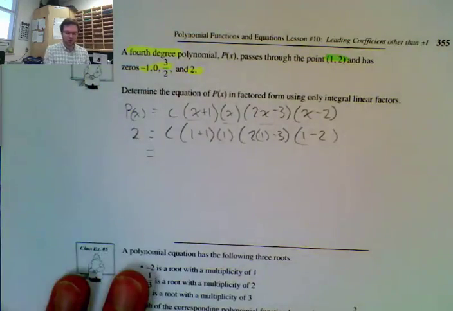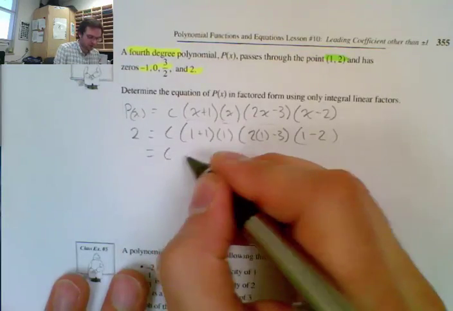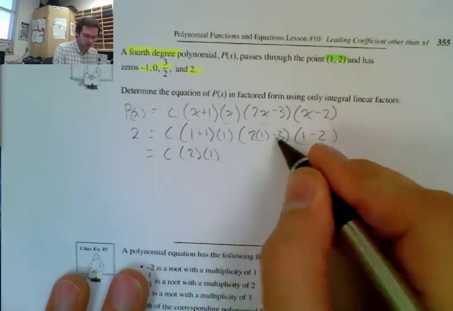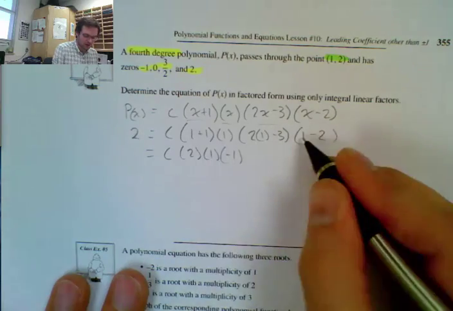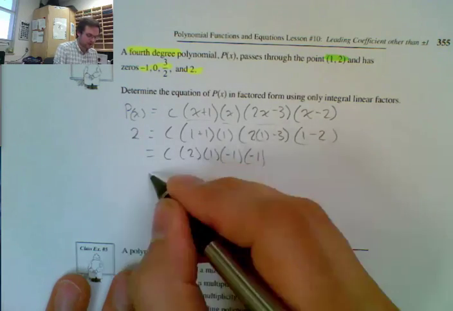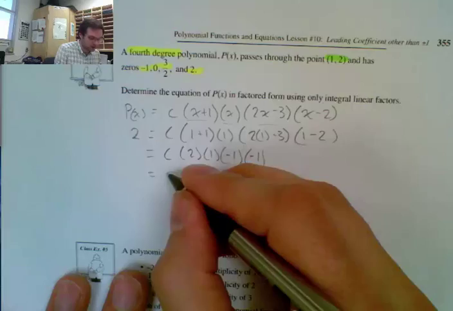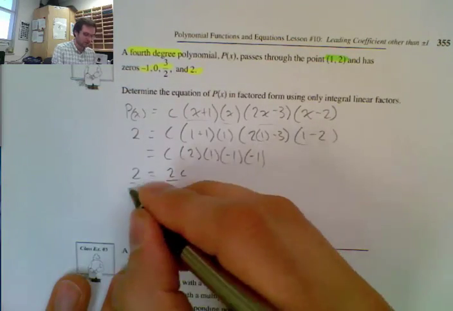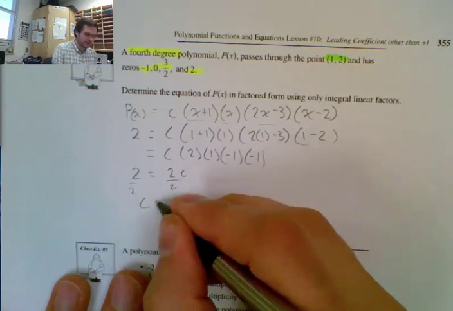I multiply all these together and simplify. I'm going to get c times 2 times 1 times negative 1 times negative 1. Multiply all those together, I get 2c is equal to 2. Divide both sides by 2, so I get c is equal to 1.